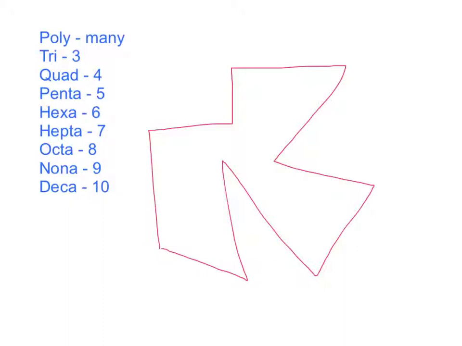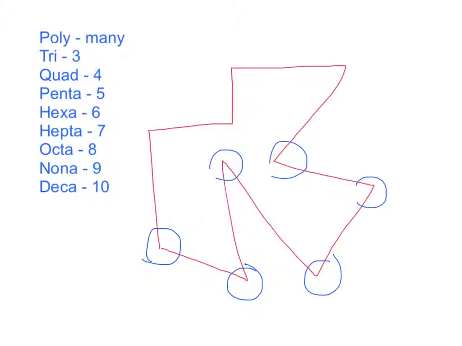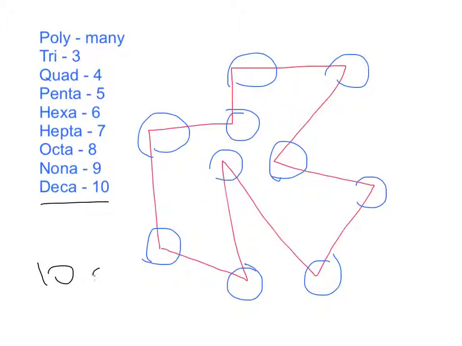That has 10 sides. Let's see how many angles it has. 1, 2, 3, 4, 5, 6, 7, 8, 9, 10. The decagon has 10 sides and 10 angles.